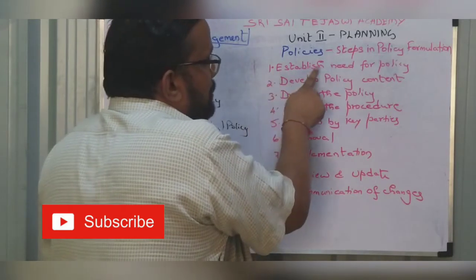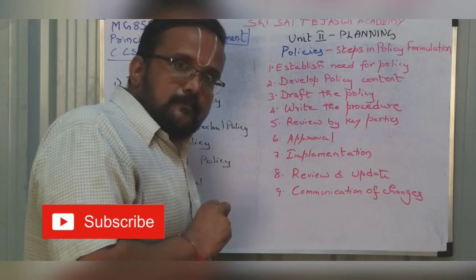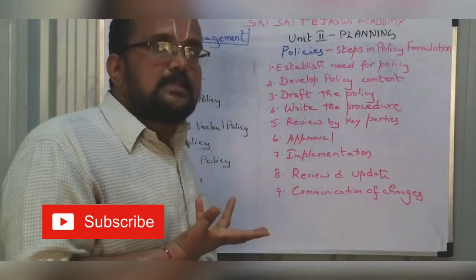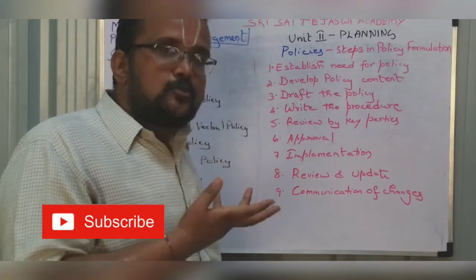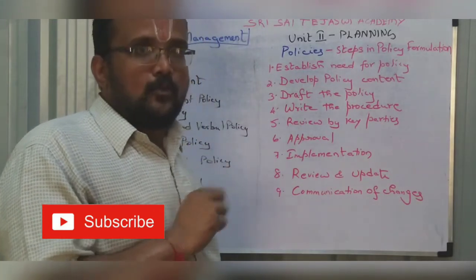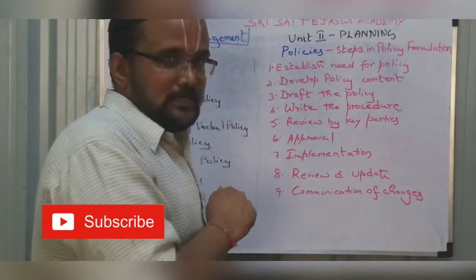One, establish need for policy. So what is the need for policy? Policy provides the guidelines under which the employees should work. So an employee should know what guidelines I need to follow in this company so that they work. So that will be the need for policy.